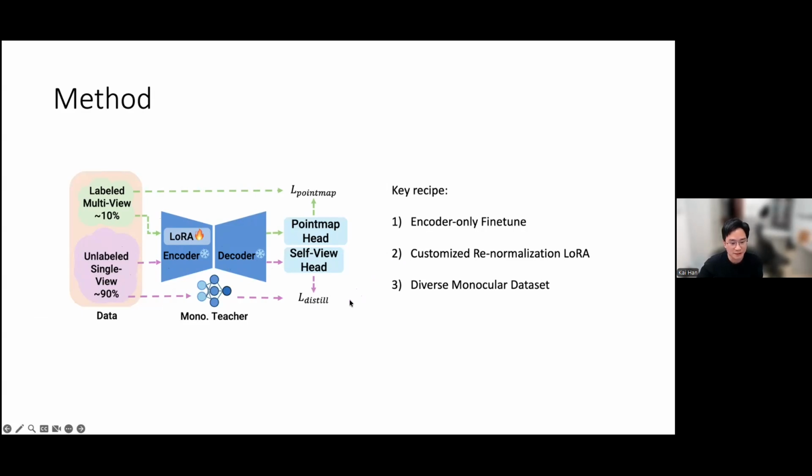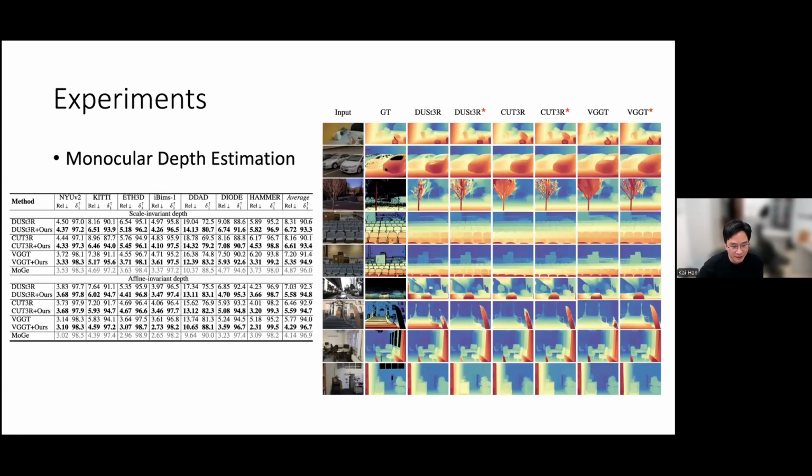So the bottom branch is the monocular depth estimator, the teacher model, and we managed to get the improvement. The left-hand side shows the quantitative result, consistent improvement, and on the right-hand side we can see the star. The result with star represents the result of our enhanced model, and we can see the details of our method are quite improved.